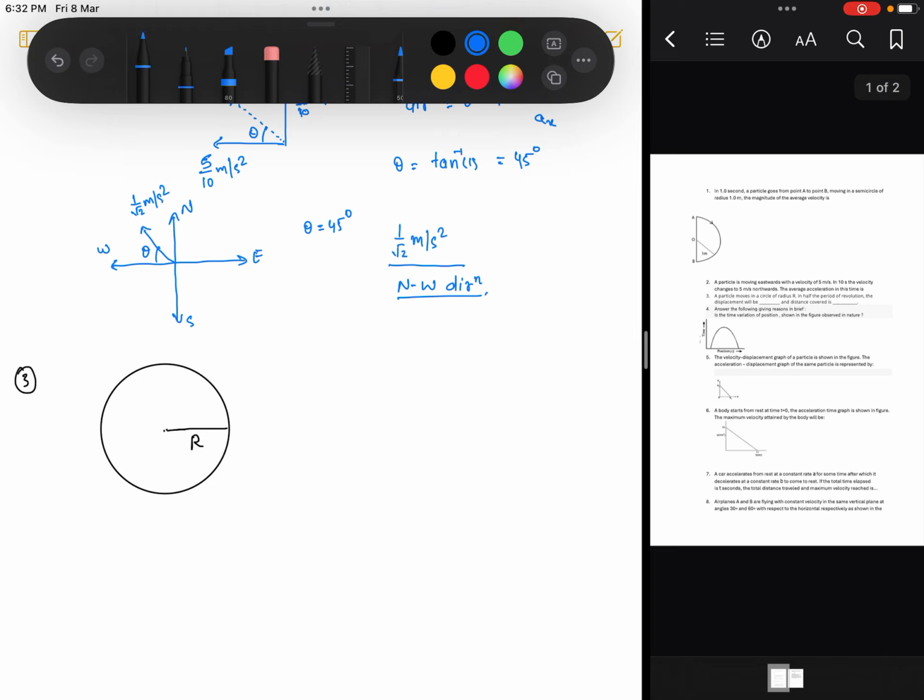Now for half of the period of revolution, let us suppose this is the initial point A and this is the final point B, and in half of the revolution this particle will be moving from point A to point B in this direction. Then the distance traveled by the particle will be, from the definition, distance is the actual path covered by the particle.